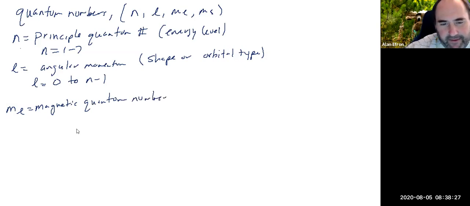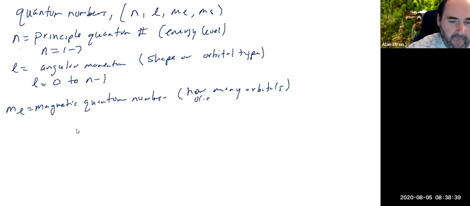And really, that's, for lack of a better description, how many orbitals there are. It really is sort of their orientation in three-dimensional space.